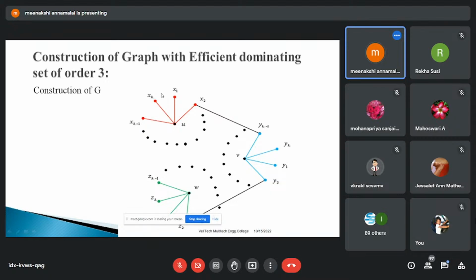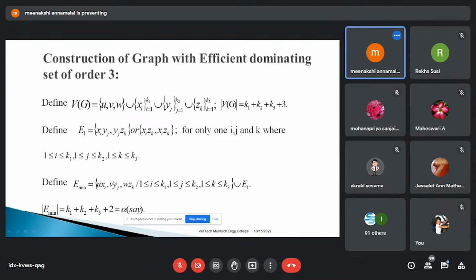That is what we wrote here. V(G) is equal to {u, v, w}, which are the members of the efficient dominating set, union xi, the neighbors of u, i from 1 to k1, and the neighbors of v, yj, j from 1 to k2, and the neighbors of w, zk, k from 1 to k3. So the cardinality of V(G) is equal to these three members u, v, w plus k1 plus k2 plus k3.